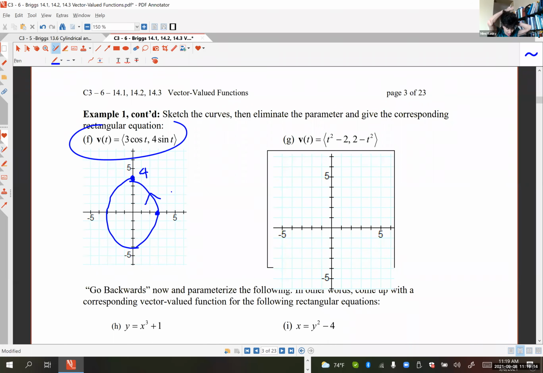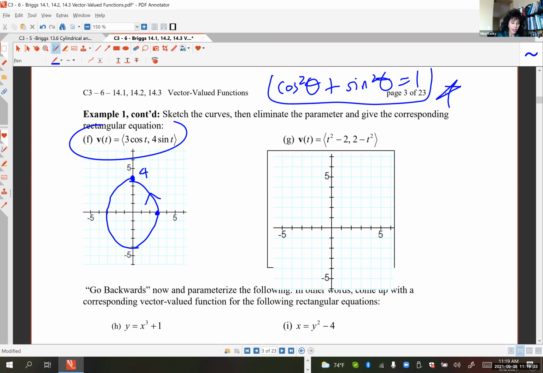That's a hot mess. So what you're going to do is you're going to use this handy fact from the past. Cos squared of theta plus sine squared of theta is equal to 1. I'm sure everybody in the room has seen that sometime in your past mathematical education. Okay, so how is that equation going to help us? Well, not yet. I'm still going to write out x is equal to 3 cos t, and y is equal to 4 sine t.